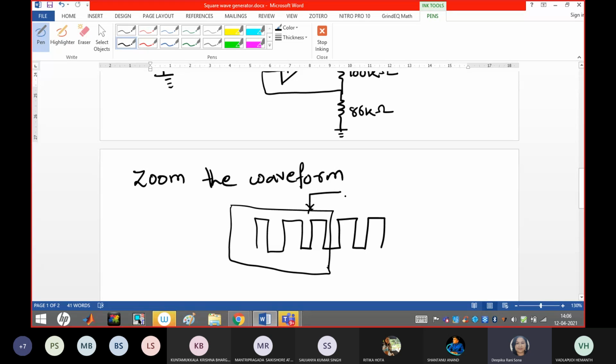If you set the user defined value, from which time limit to which time limit, you may get your zoomed output waveform. From that you can identify whether you are getting the same on off time or different on off time. That's all the explanation for today's class. If you have any doubt, you may ask me. Otherwise, you are free to do the experiment.